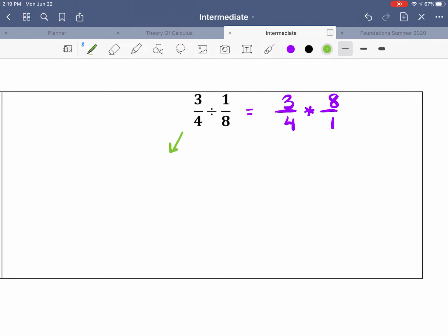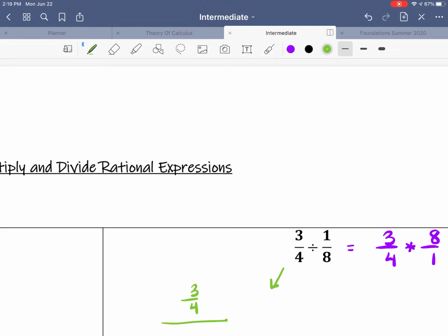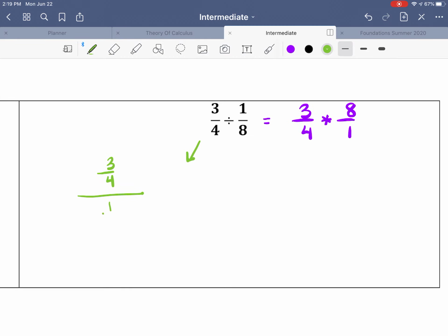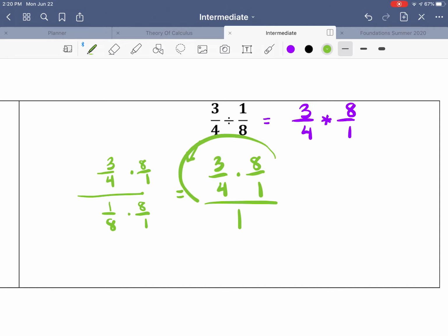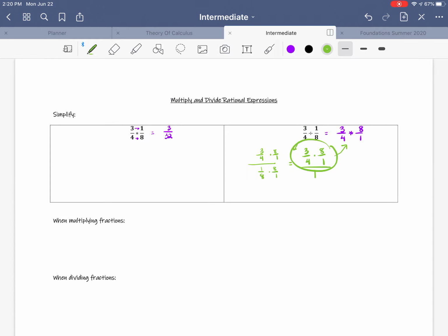And the reasoning behind that is if we were to write this as a ratio of fractions, then if we were to simplify that, we could flip this and we end up getting 8 over 8 in the denominator, and we have this, which is what you see here. So that's where that comes from, and that's why we have the rule: flip the second and multiply when you divide by fractions.